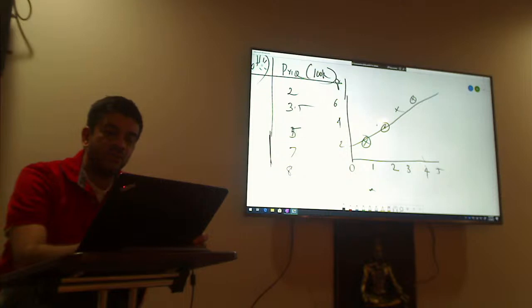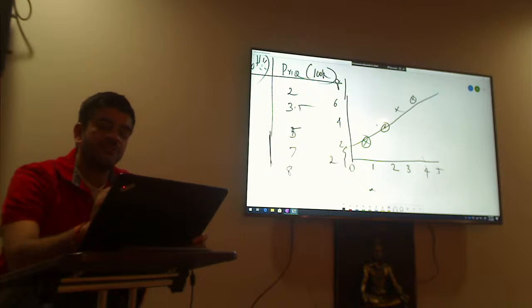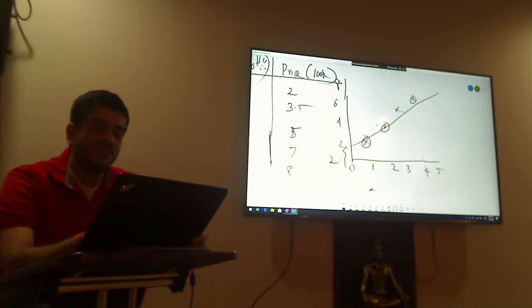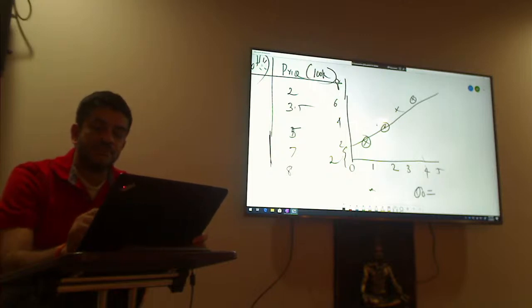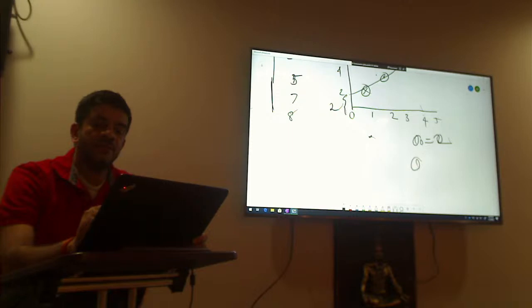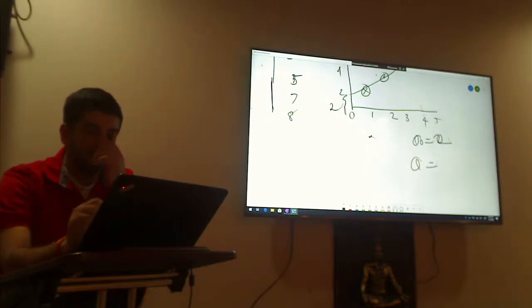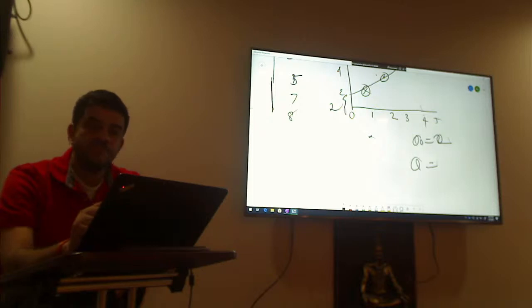If you plot this, you can assume that approximately theta 0 is 2 and theta 1 equal to what? How are you plotting that line that you just plotted?